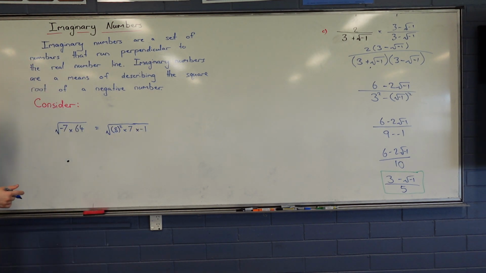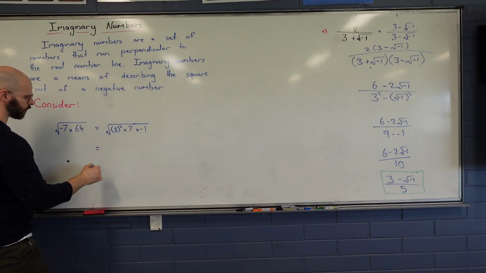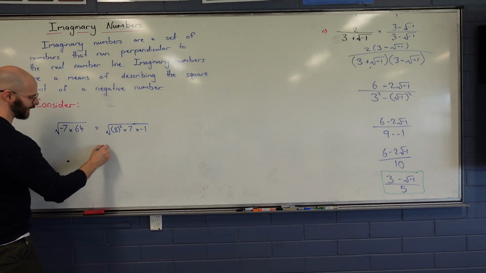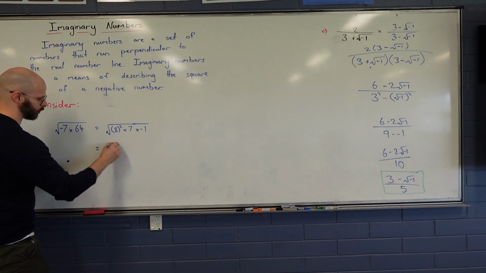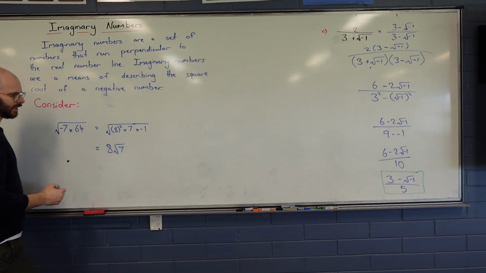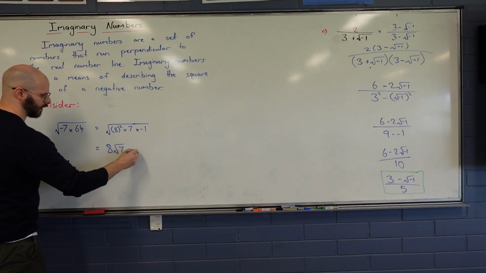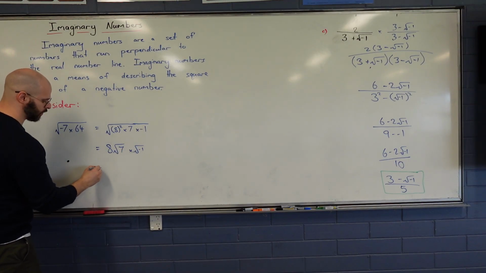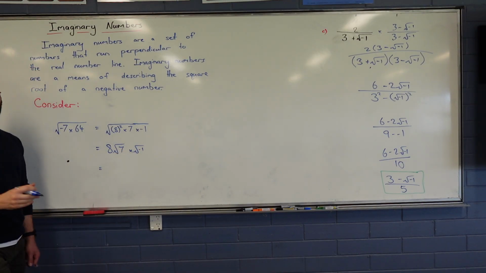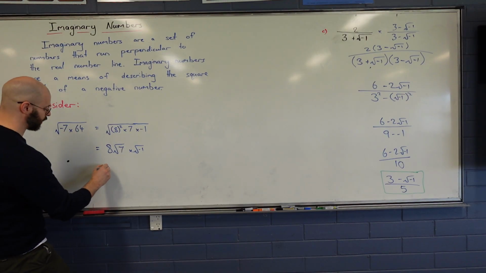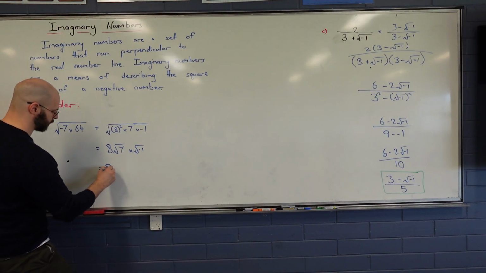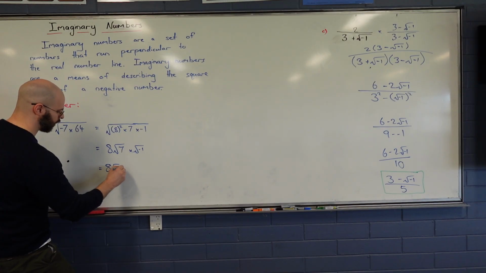I'm going to write this as an imaginary number. To do this, I'm going to bring the 8 out the front, root 7, and then isolate the negative 1, because the square root of negative 1 has a special math symbol assigned to it. We call it i.